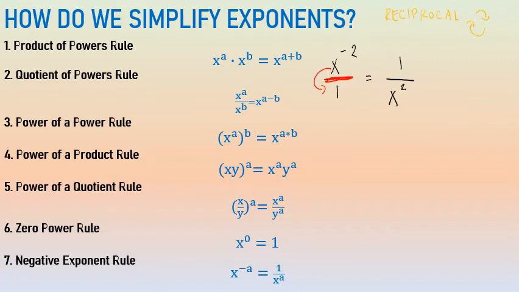So, x raised to negative 2, if we simplify this one using the negative exponent rule, we just have to find the reciprocal 1 over x squared. So, this time, once tumawid siya sa ating fraction bar, the exponent will become positive. Okay? So, using lang natin itong 2. So, this will become positive 2. So, 1 over x squared.